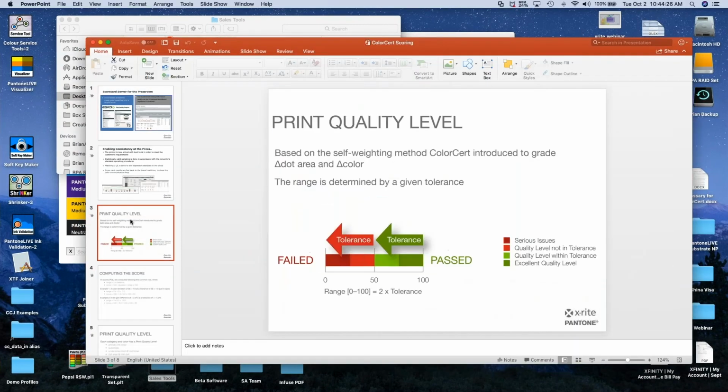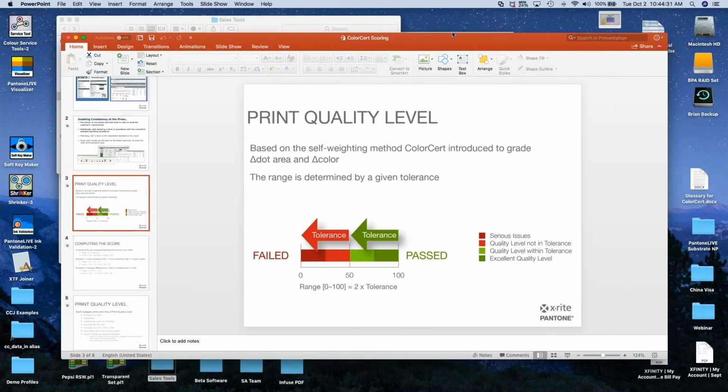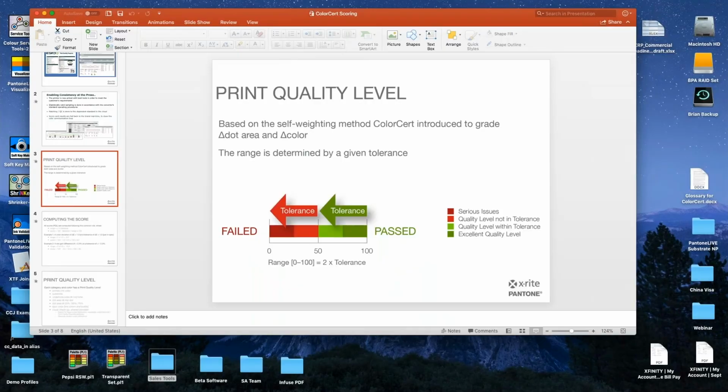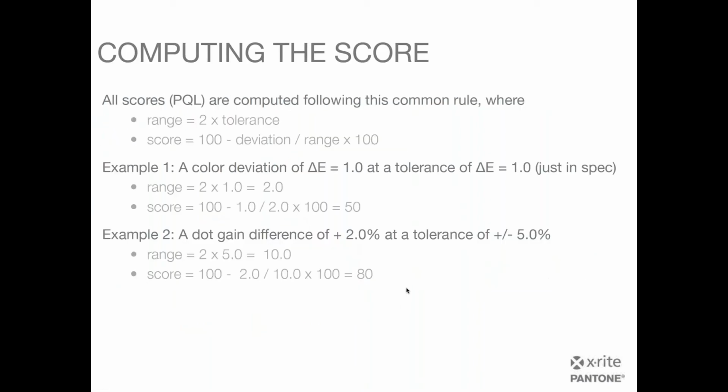So when we do the print quality level, and maybe I should share this so everyone can see it. So there's our score of 0 to 100. Anything within 50 is within tolerance. The way that we do the math is we establish what the tolerance is, and then we have a range.